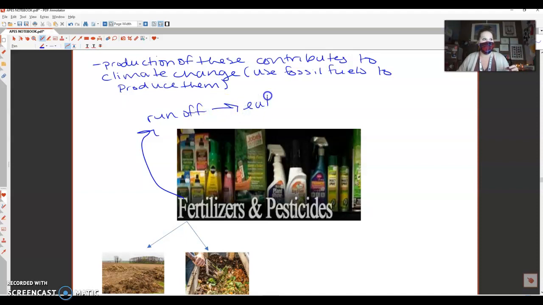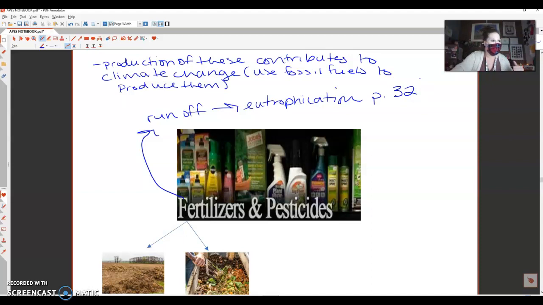There's that big word, eutrophication. Okay? And what page is eutrophication on in our notes? Let's go back to Unit 3 and find it. Eutrophication is on page 32. So I really want you to go back and reference that page to remind yourself what that process is.